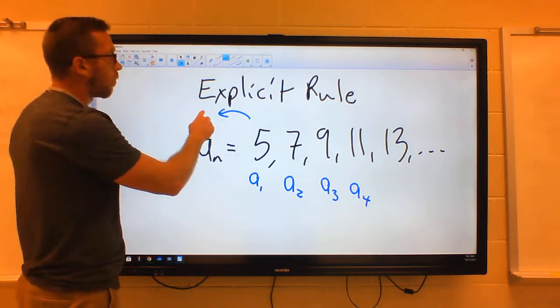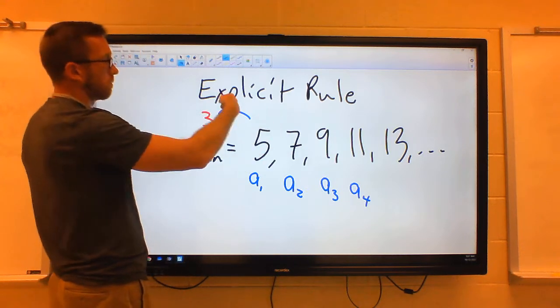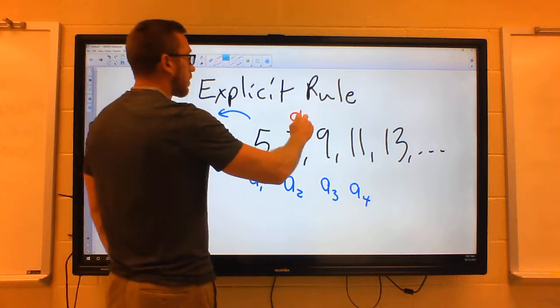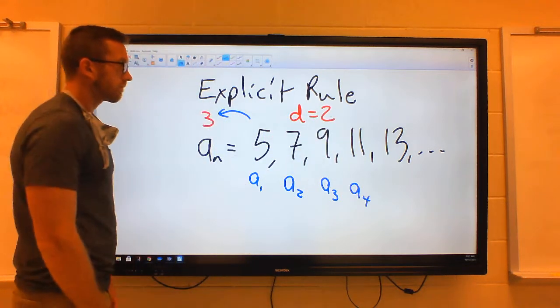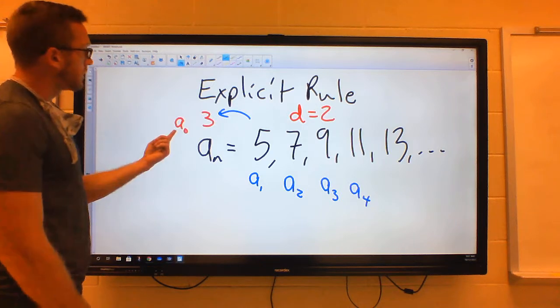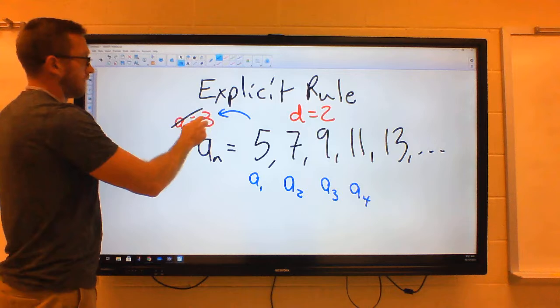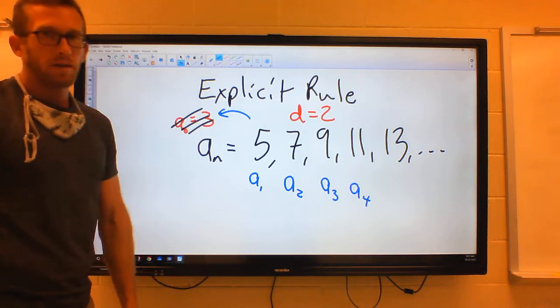But if we go back one step, if we subtract 2 more, because in this case our common difference is 2, we could find our secret imaginary zeroth term, even though that's not a part of the sequence.